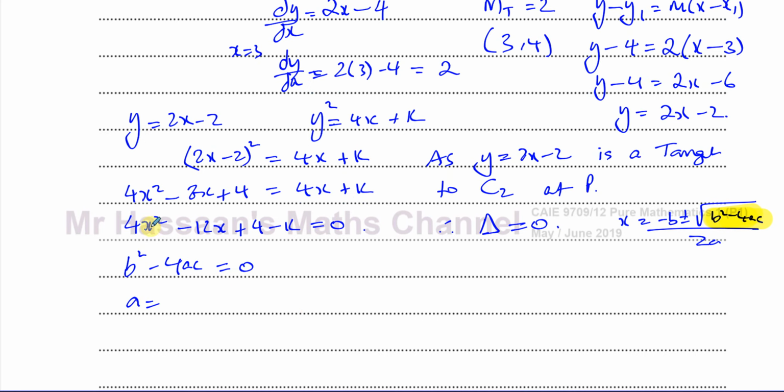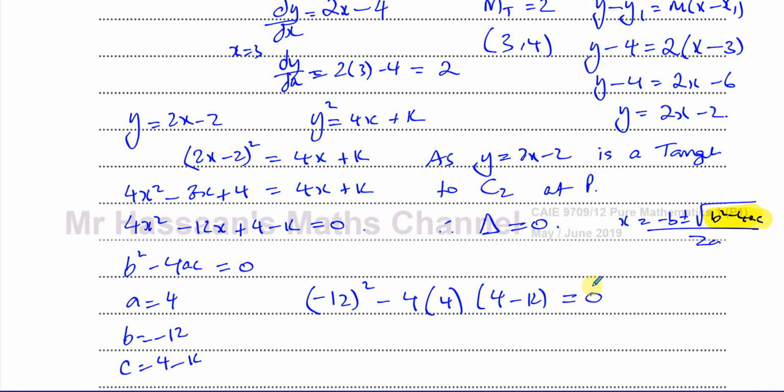So we know a is 4, the coefficient of x squared, b is negative 12, the coefficient of x, and c is 4 minus k, which is a constant. So if we put this into the formula, we have minus 12 squared minus 4 times a, which is 4, times c, which is 4 minus k, and that has to be equal to 0.